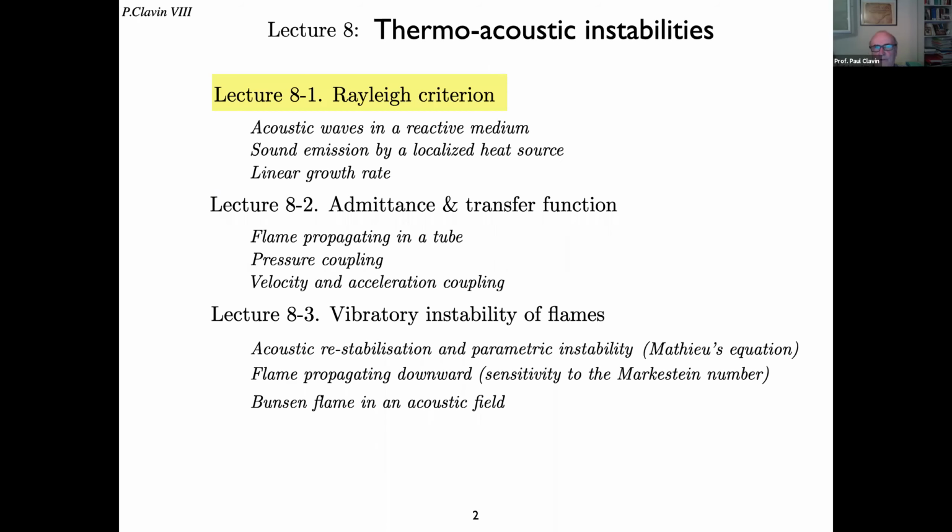Let's start with the Rayleigh criterion, which is a famous criterion for the instability of a combustion in a cavity, which was obtained in the 19th century by the famous physicist Lord Rayleigh. It is an interaction; you have to take into account the interaction of acoustic wave in a reactive medium.